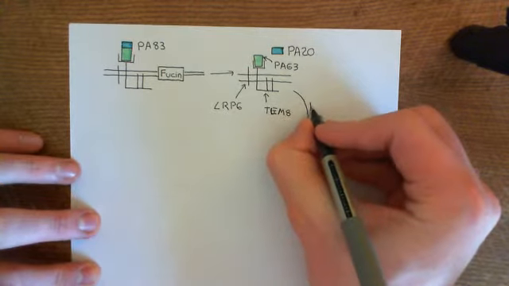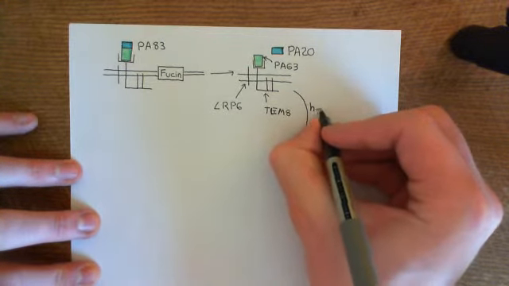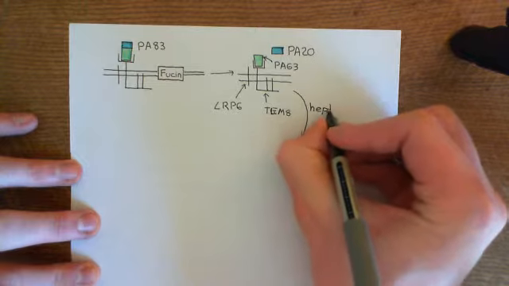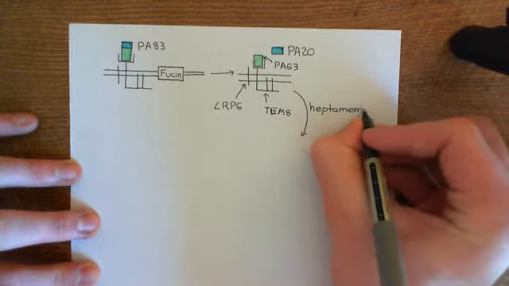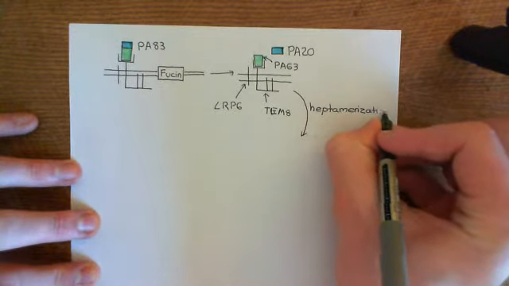Okay, and when you oligomerize 7 things together, that's called heptamerization. So what's going to start is heptamerization. So you're going to start forming heptamers.